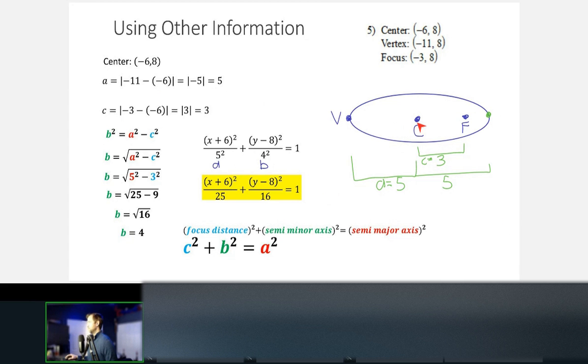From the center to a focus point, that is your c value, your focal distance c. We can use this formula to plug it in to find the missing b value. From the center to this point, we are traveling up and down a total of 4 units.